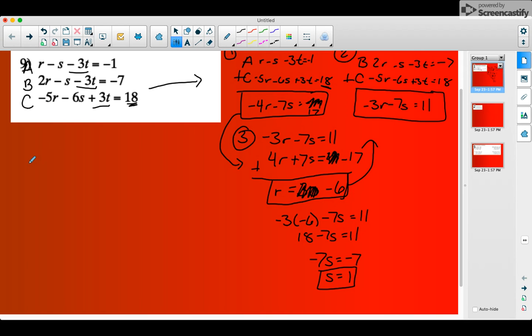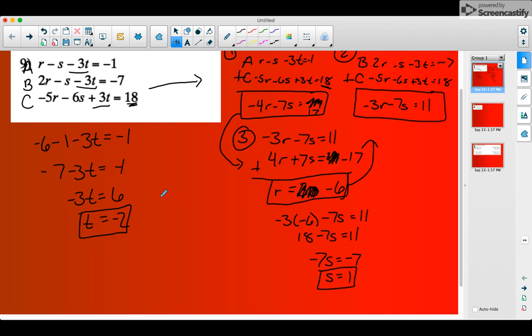Again, it doesn't matter which one you choose. So I'm going to pick the top one, and I'm going to go negative 6 minus 1 minus 3t is negative 1. So negative 7 minus 3t is negative 1. Add that over, and I end up with negative 3t is 6, which means t is negative 2.